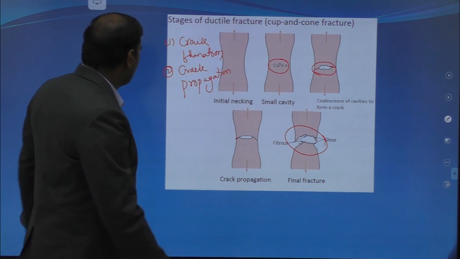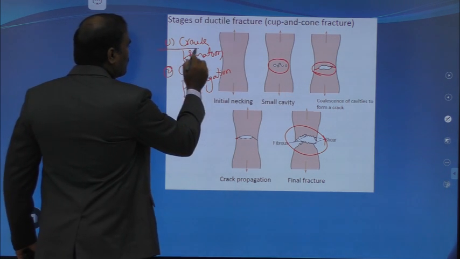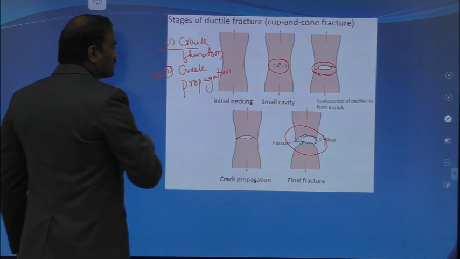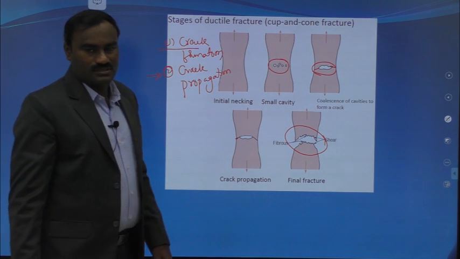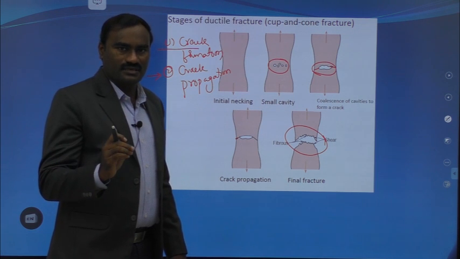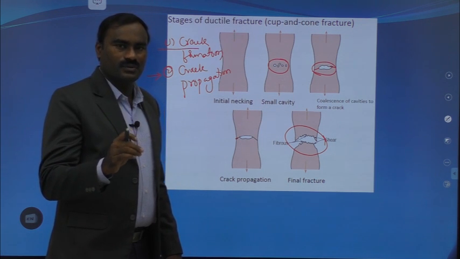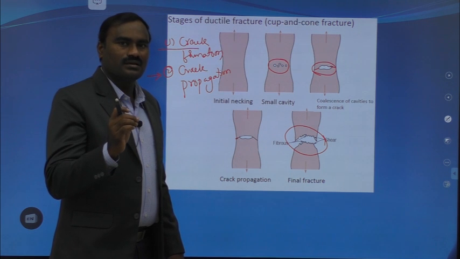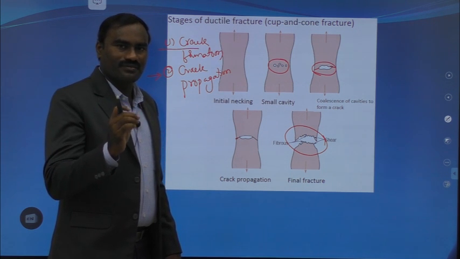So two things are there: one is crack formation and the other is crack propagation. First of all, the moment you apply force, the material will be strained. If you apply more force, small cavities or cracks will be formed.